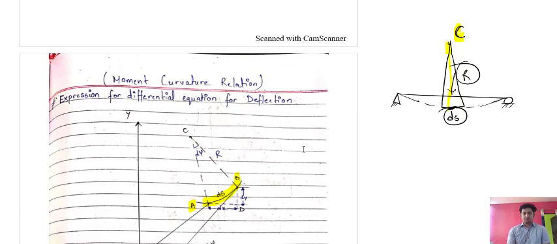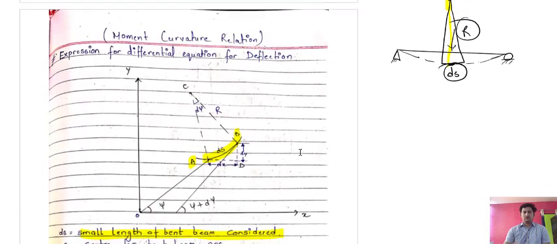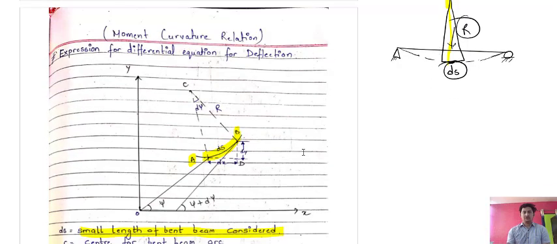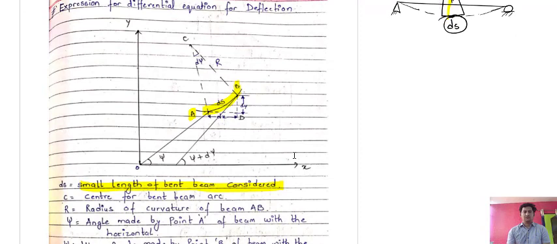Bending will produce a slope here, and the slope will have some radius of curvature also. So I have defined the point from where we are taking the radius of curvature as C, that is the center for the bent beam arc. So I have taken this arc. The arc length is R here, and this angle is d psi.